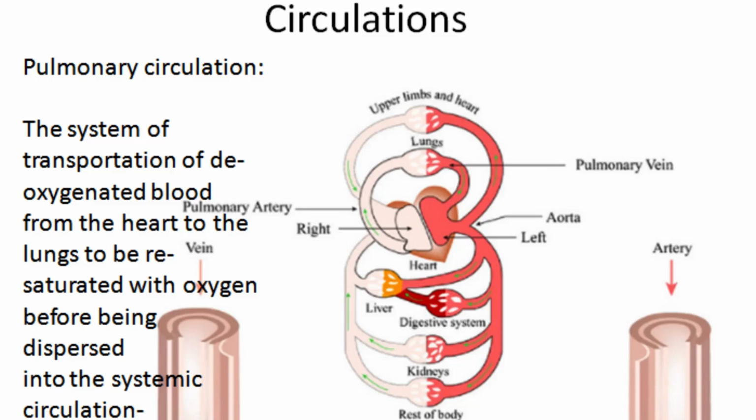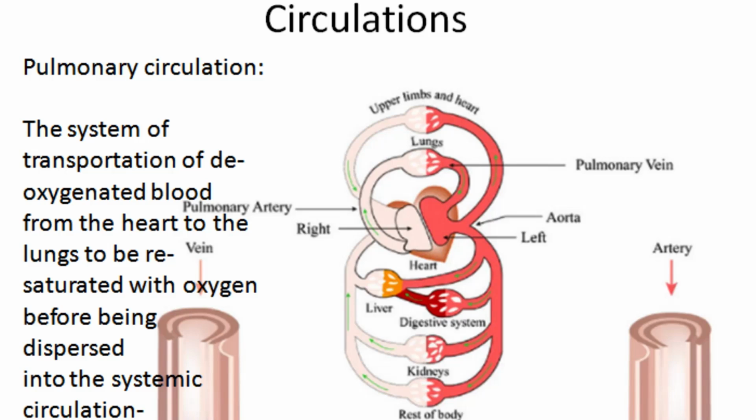For our understanding, it deals with blood exchange between heart and lungs. If you see here in this diagram, you can see that the pulmonary artery is going to the lungs from the heart, which is carrying deoxygenated blood to the lungs.